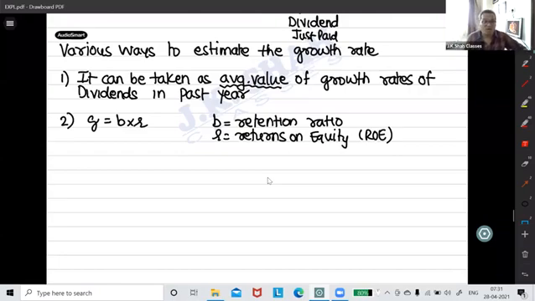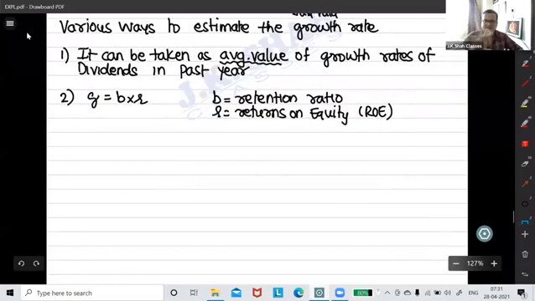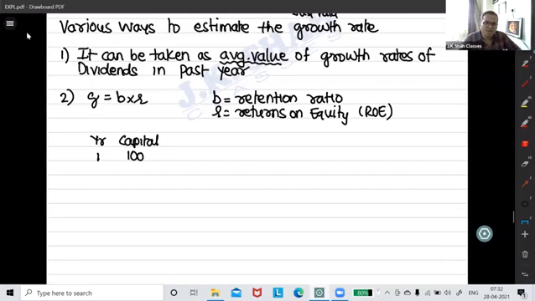Pay attention. Let me give you a very simple version of this. Suppose in year 1, you introduced a capital of 100 in your business, on which you earned a profit of 20. You declared a dividend of 10.